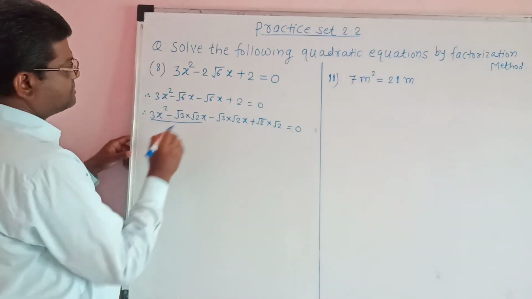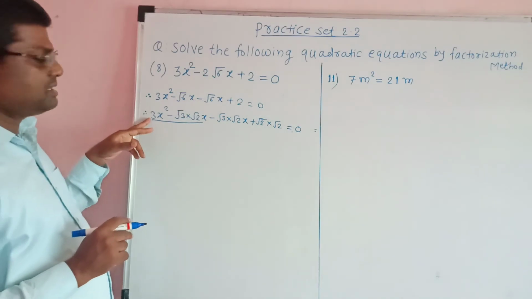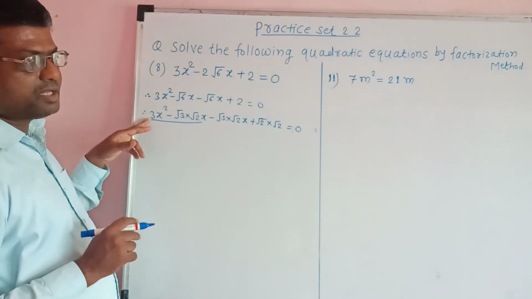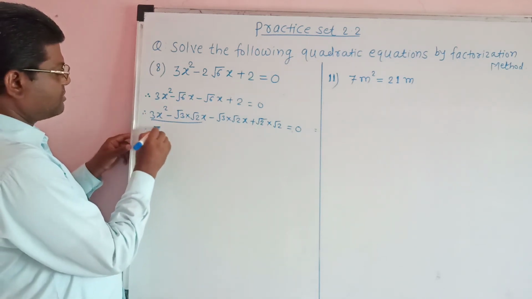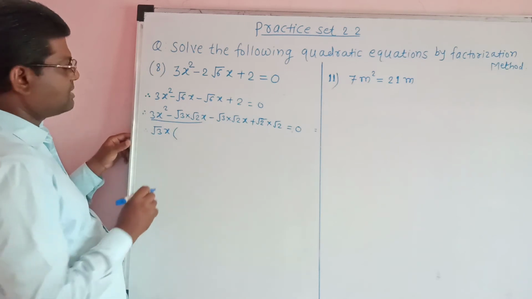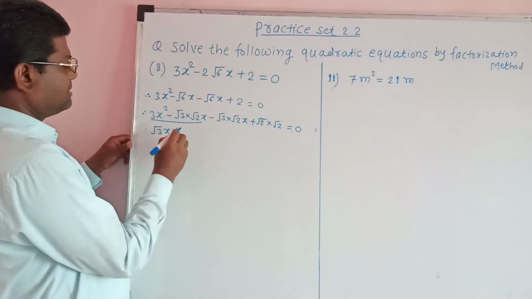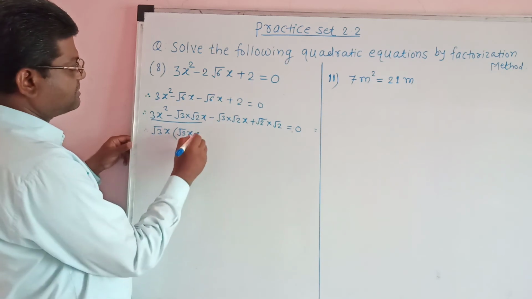Now let us see these two terms. Here this 3 will be root 3 into root 3, and root 3 will be common and x will be common. Then what will remain in the bracket is root 3 into x minus root 2.